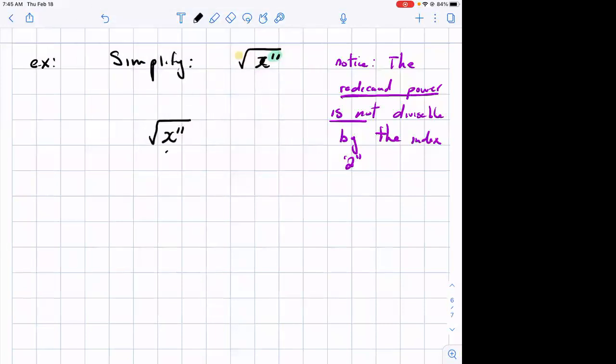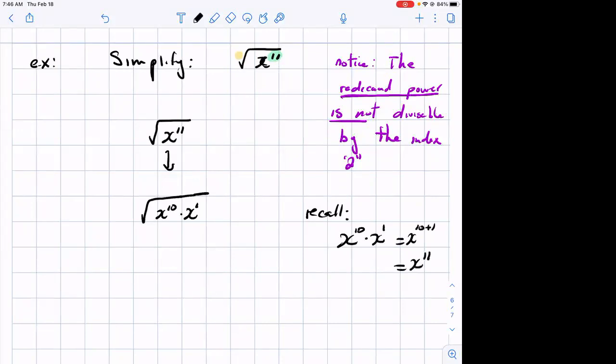So I could simplify this and say that this is the same as the square root of x to the 10 times x to the 1. Because remember, x to the 10 times x to the 1 is equal to x to the 10 plus 1, which is equal to x to the 11.